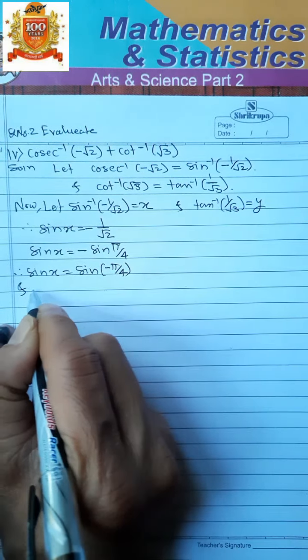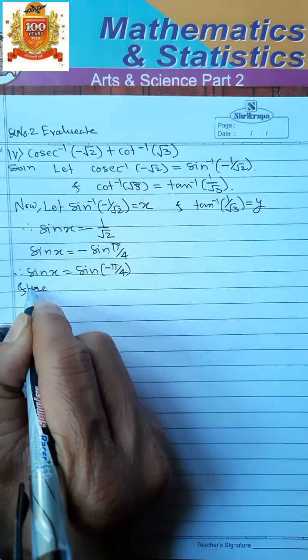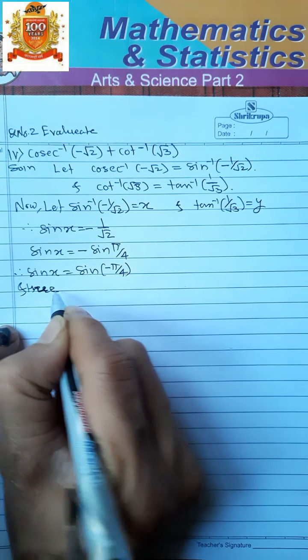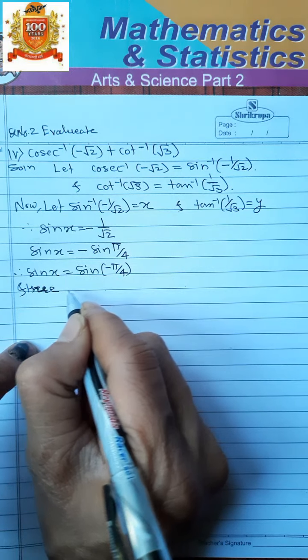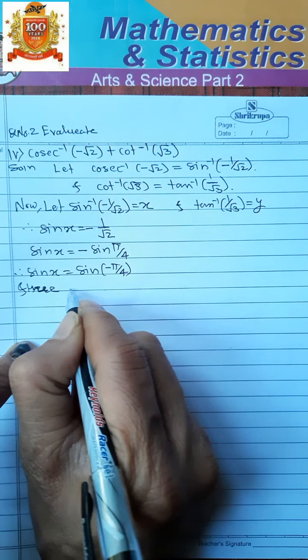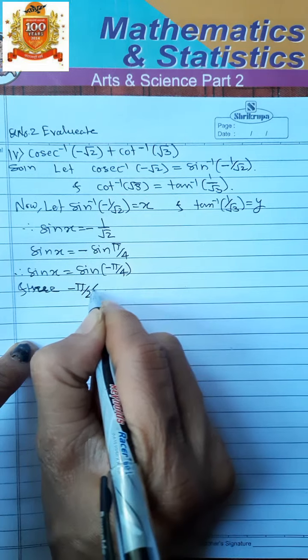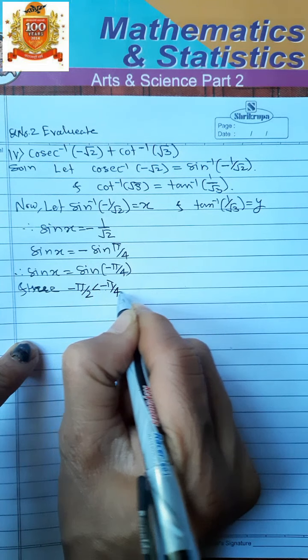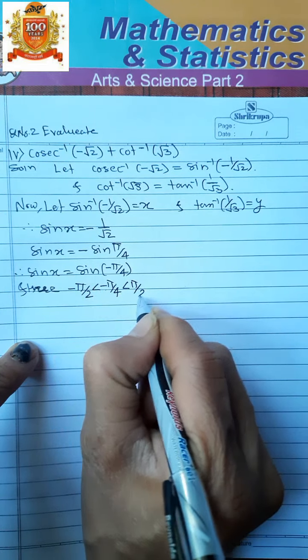And here, minus pi by 2 is less than minus pi by 4 is less than pi by 2.